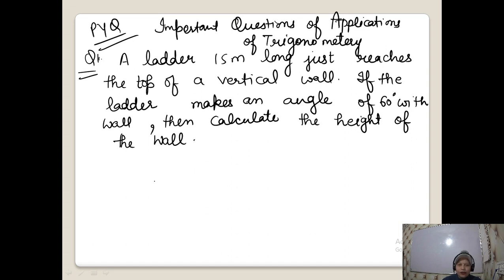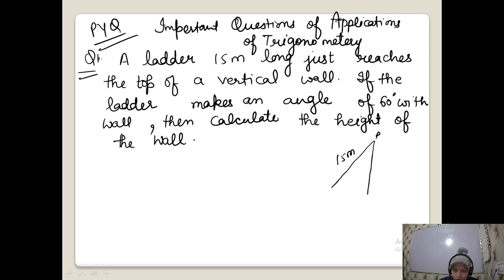How to solve it? First of all, you have to find what things are given. You have given a ladder, which is 15 meter long, and it reaches the top of a vertical wall.